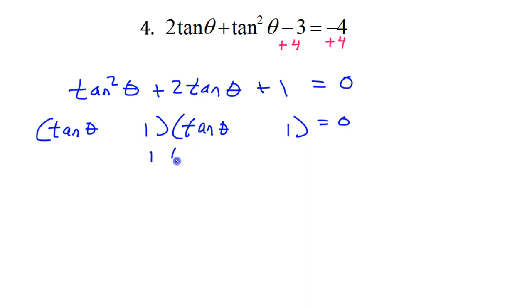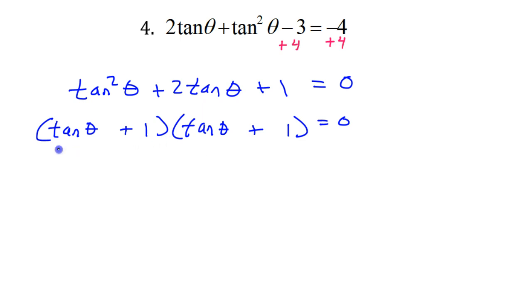Inner, I have 1 tangent theta. Outer, I have 1 tangent theta. I'm trying to get a middle of 2 tangent theta. So if I just leave these both positive, that will make 2 tangent theta. And 1 times 1 is 1, so that works out. So here I have factored it.